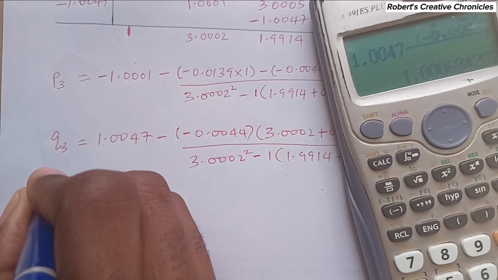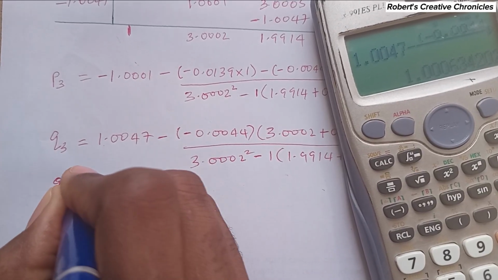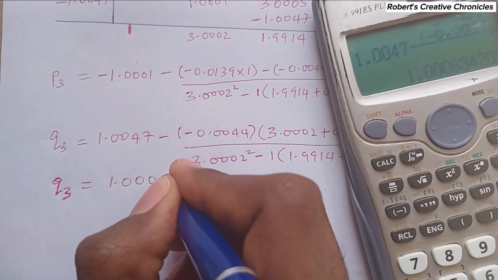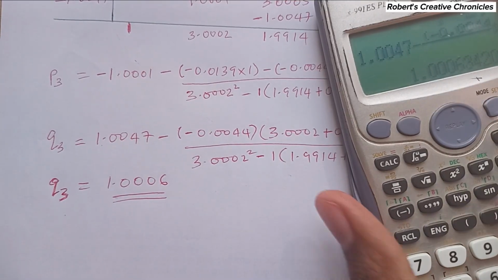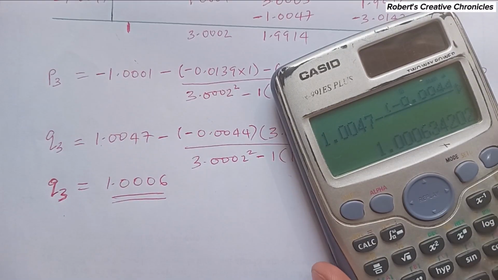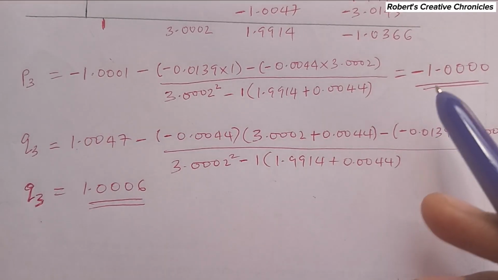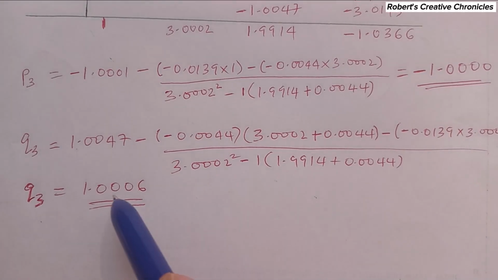So Q3 equals to 1.0006. So P3 is negative 1 and Q3 is positive 1.